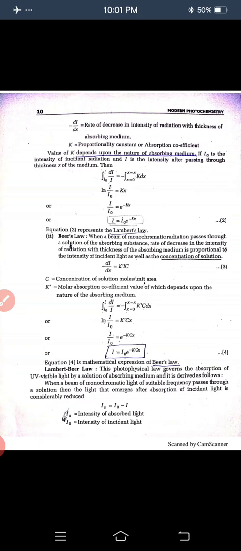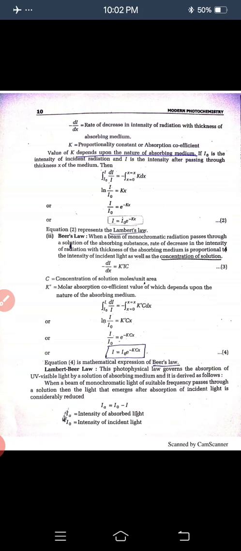Here k is the proportionality constant, known as the absorption coefficient. The value of k depends upon the nature of the absorbing medium.